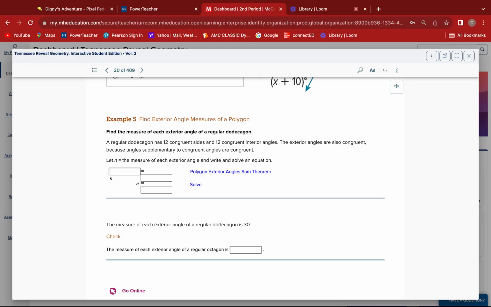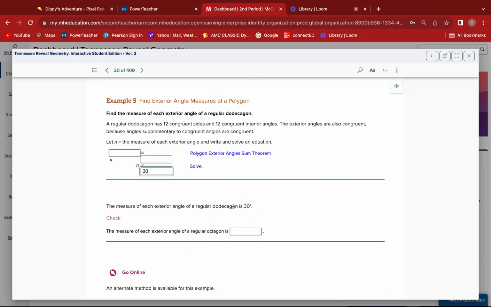We are finding the exterior angle, and since they're all the same because it's regular, take 360 and divide by 12. That's what a dodecagon is. And you get 30. So each angle is going to be 30 degrees.